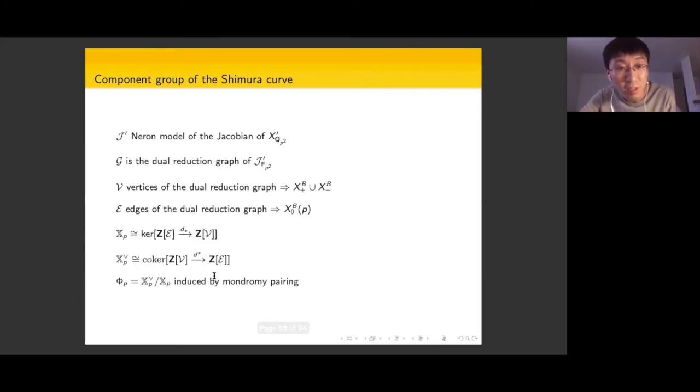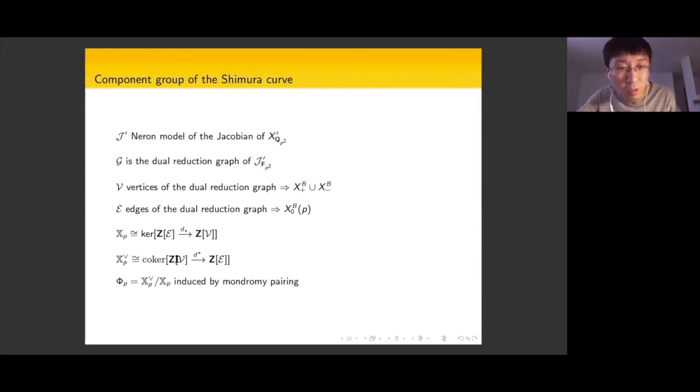And then I will introduce the character group of the Shimura curve at P as the kernel of the map, the target and source map, from the module of the edges to the vertices. I will define the co-character group as the dual of the character group.